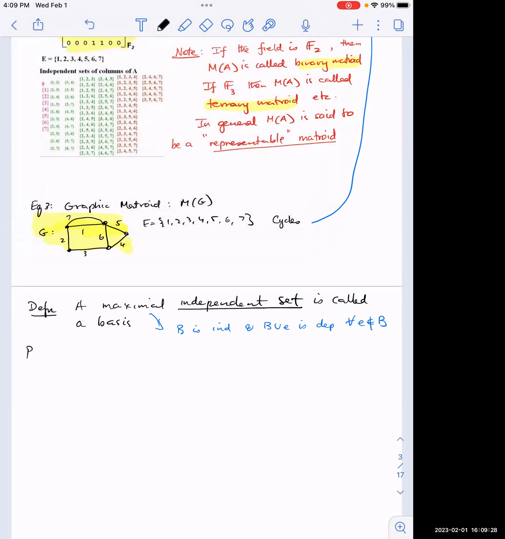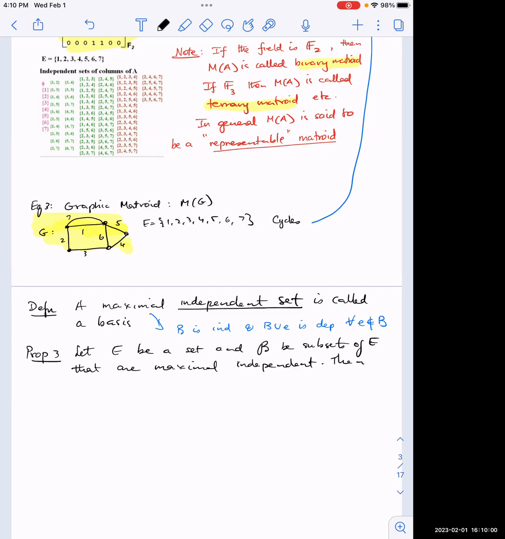Our next proposition is essentially the basis axioms. Let E be a set and let script B be the subsets of E that are maximal independent, that is, the bases.